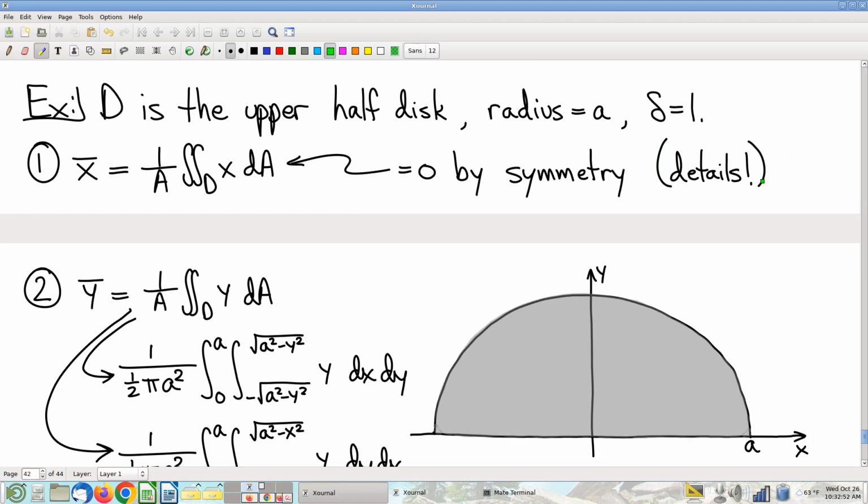Another thing real quick. There is a different case that could be made as to why this has to equal 0, and I would call it a physics argument. Imagine from a physics point of view that you had a physical example of this thing, and you were balancing it on your arm.